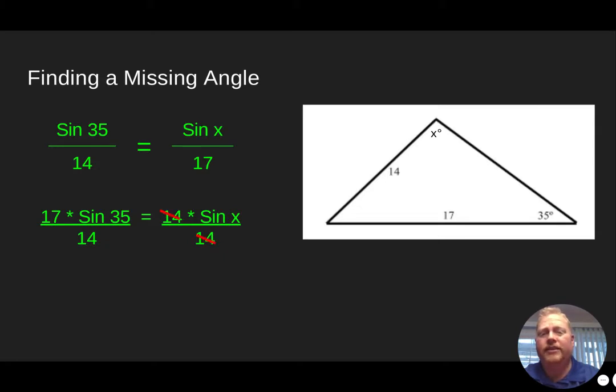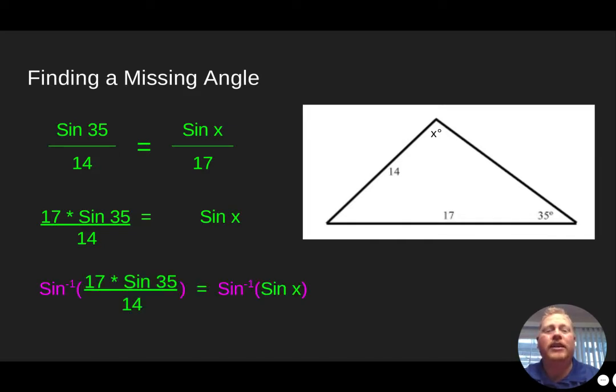The 14s cancel out, and so then I've got 17 times the sine of 35 divided by 14 equals the sine of x. Well, x isn't quite by itself yet. It's still got that sine there. And if you remember from a previous lesson, the way we undo sine is by doing the inverse sine to both sides.